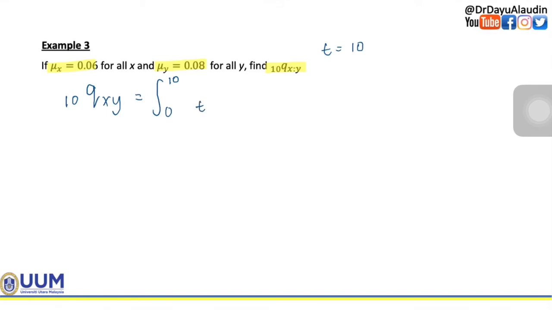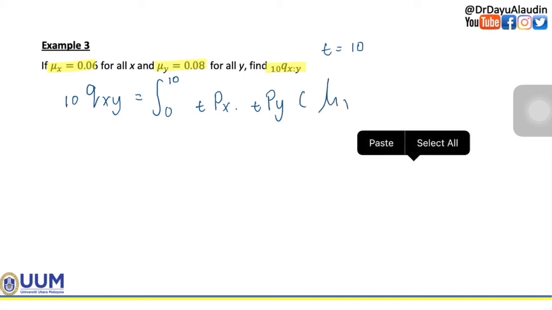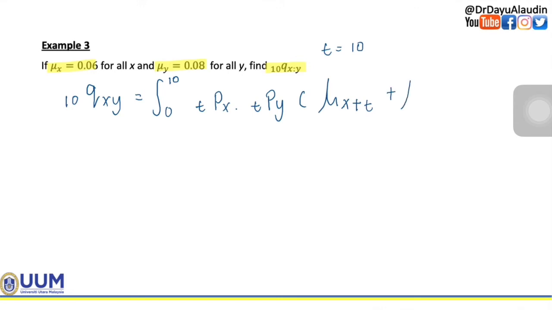So TPX times TPY times mu x plus t plus mu y plus t dt. Then you can solve.